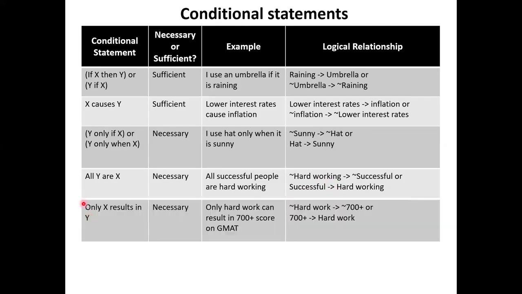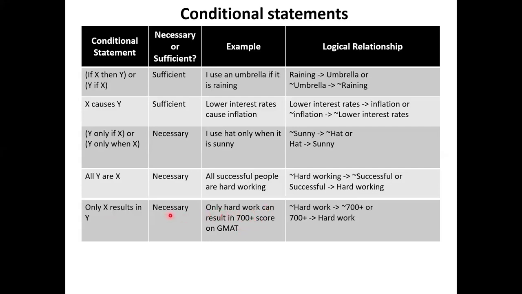And finally, only X results in Y is a necessary condition, which by the way, you don't have to remember separately. We already discussed that the presence of "only" in a sentence is a clear indication that we're talking about a necessary condition. So for example, only hard work can result in a 700 plus score on GMAT. Again, can you quickly identify what is the cause here? Hard work, and 700 plus is the effect.